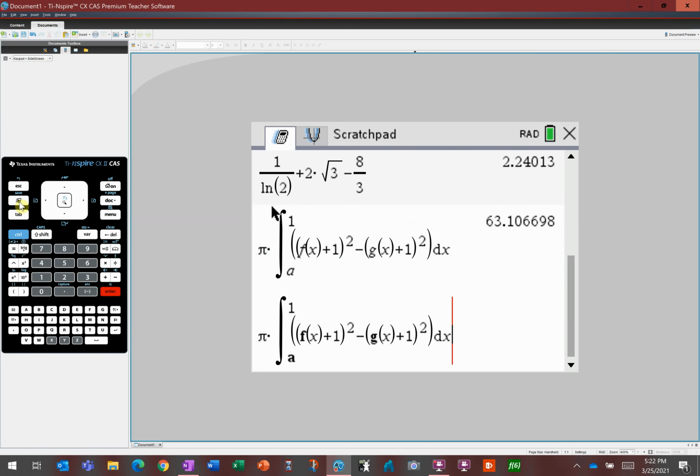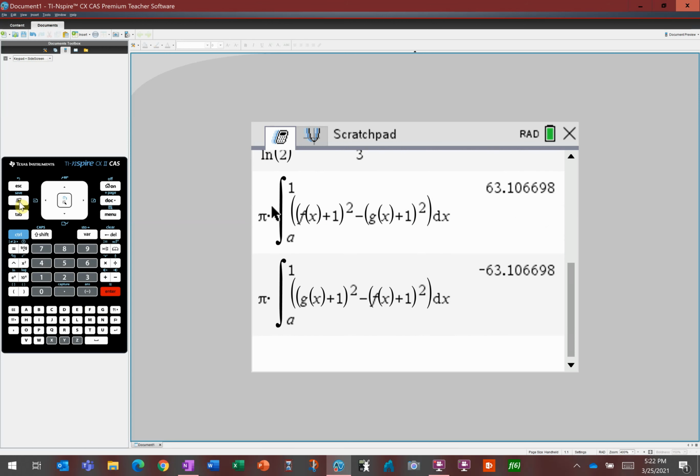63.1066 looks fine. Just a friendly reminder, let's say that you switched these up. Let's say that you did g of x minus f of x, like so. Notice it's the exact same answer, just negative, and that will happen every time. So that's kind of nice here, where you know, because we're dealing with tangible volumes and areas, that the answer should always be positive.